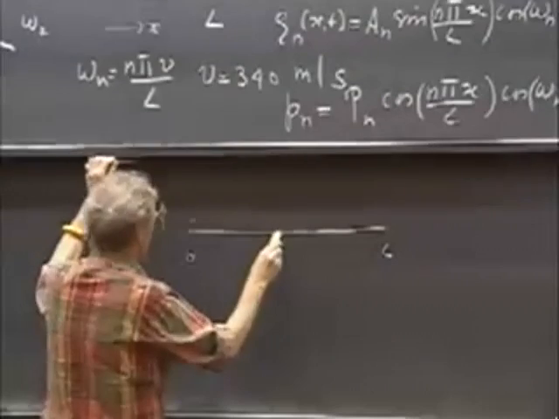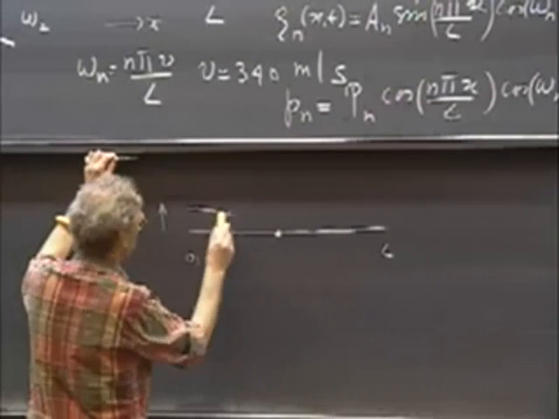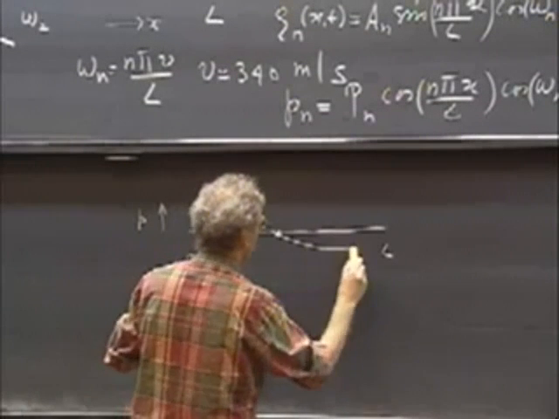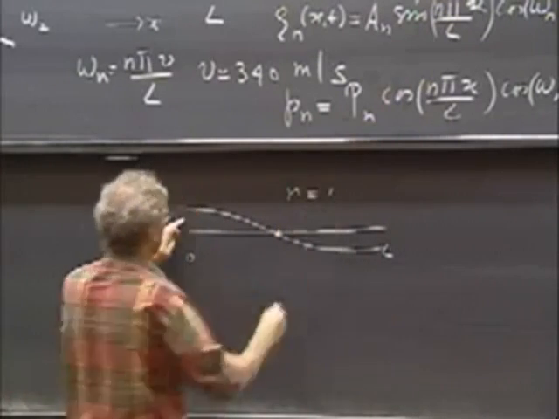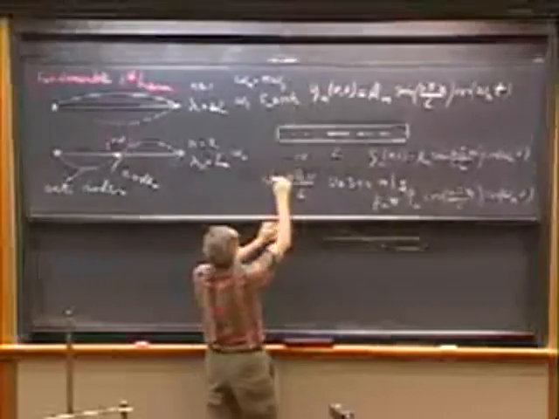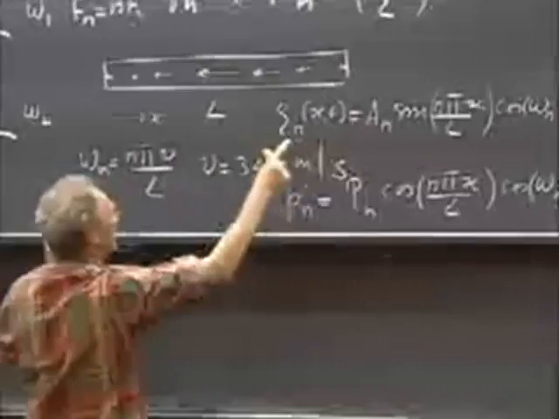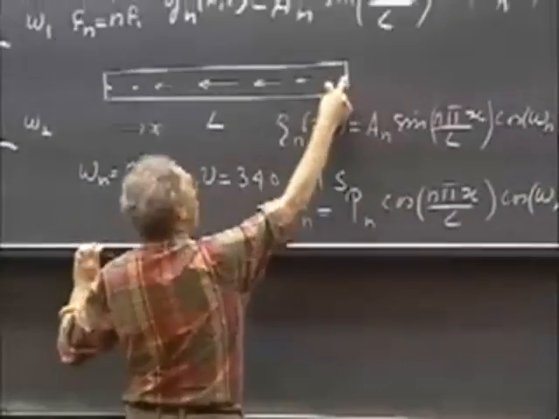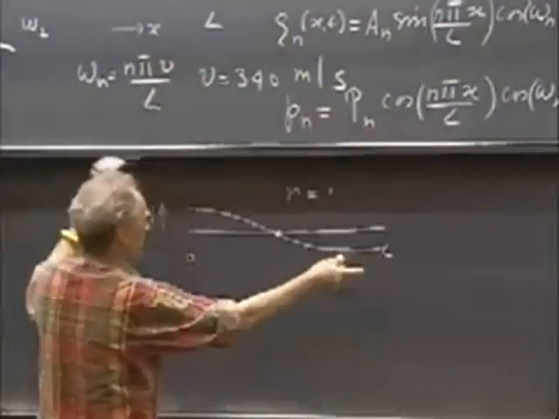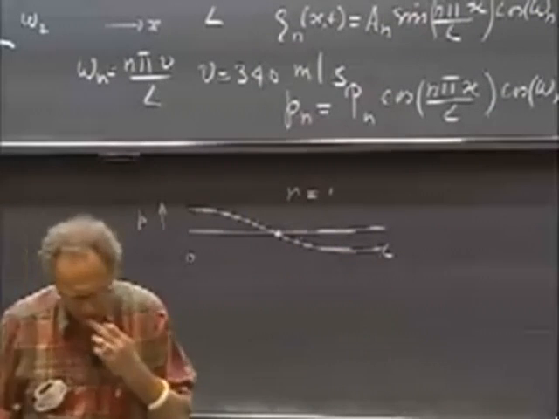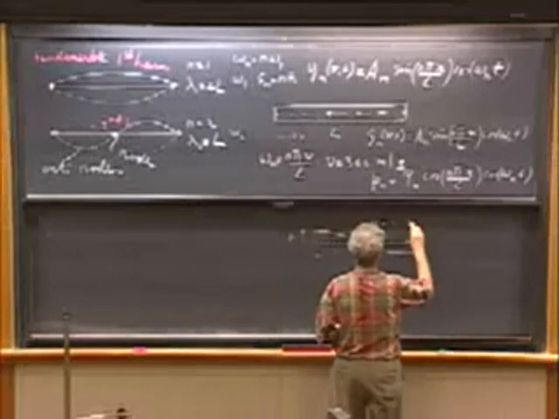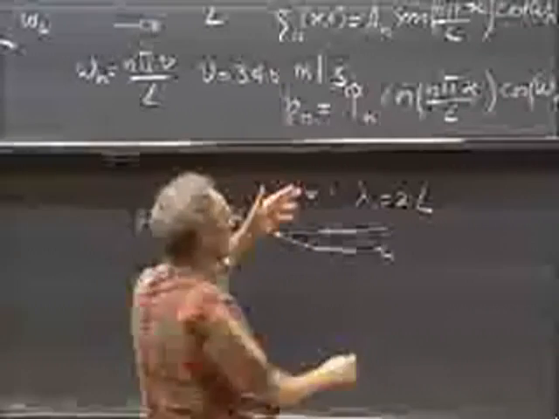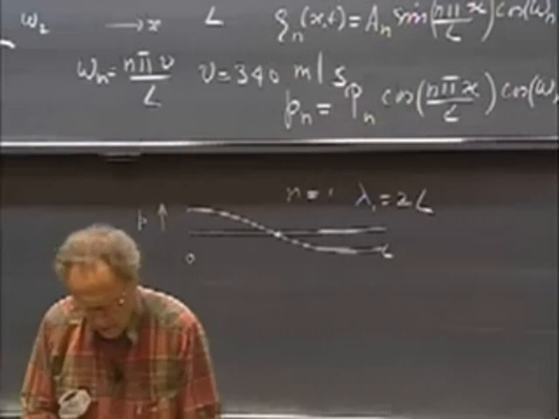There is now a pressure node in the middle, and then the pressure will change in this way. So this is now n equals 1. So the pressure here at one moment in time is high, then it's 0 here, and then it is low here. It is below ambient pressure, and that, of course, is changing with time, with the cosine omega t term. And again, you see that lambda 1 is, of course, 2L. There's no difference there with the string.